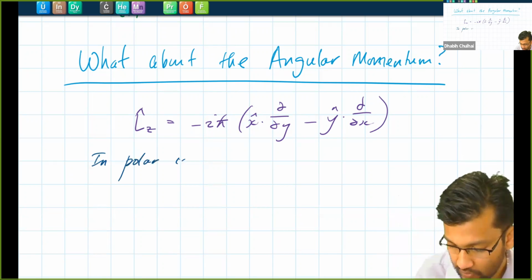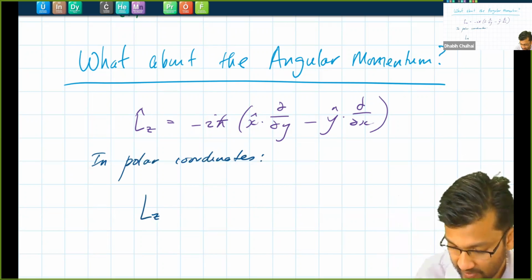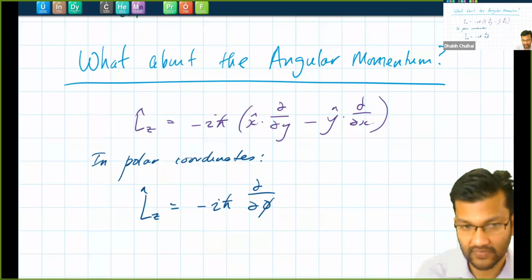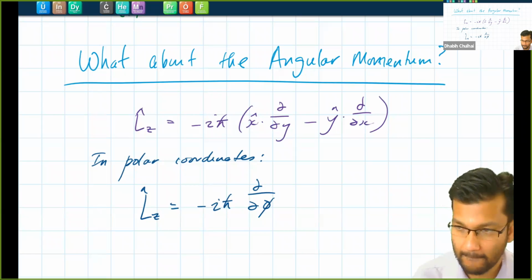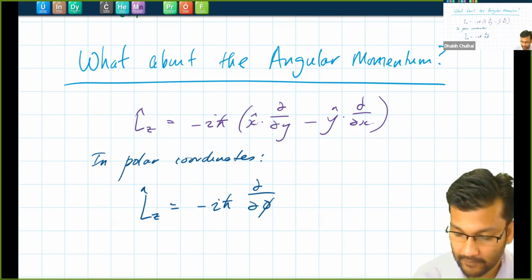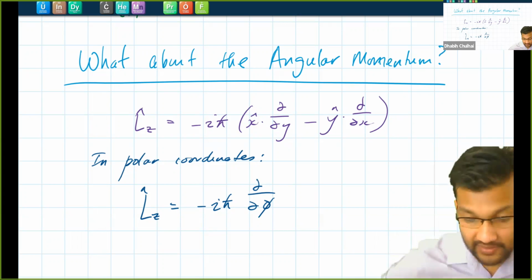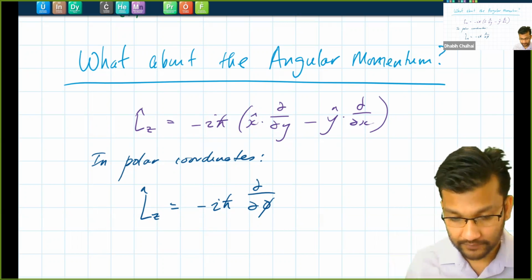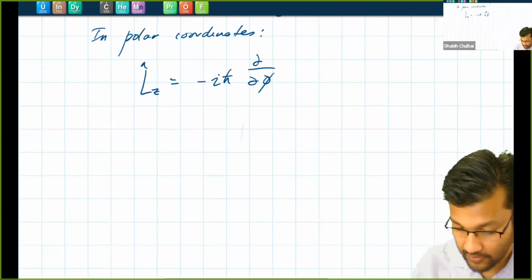In polar coordinates, the same angular momentum comes out to be negative i h bar d d phi. So much easier. So let's find the angular momentum.